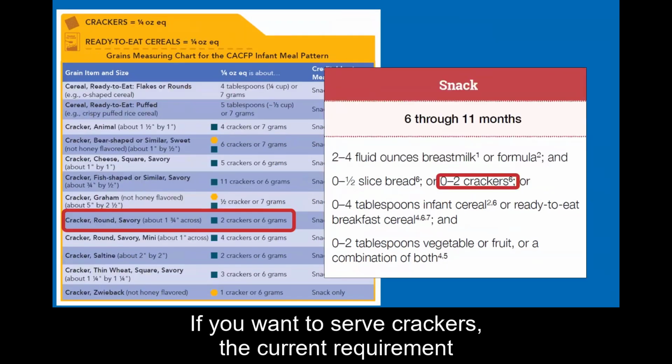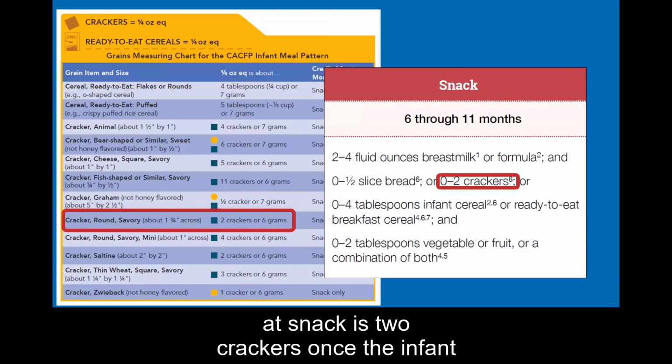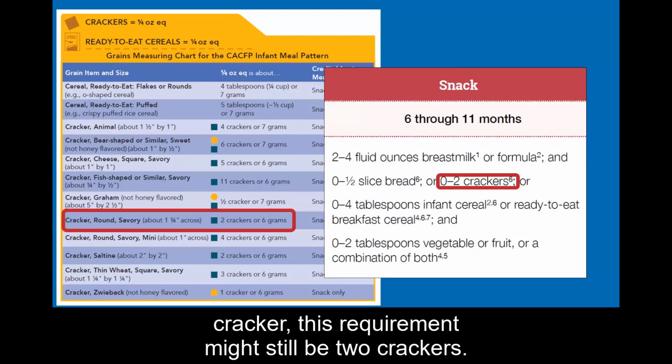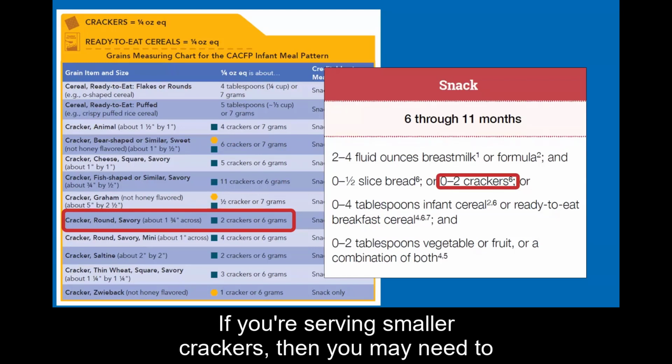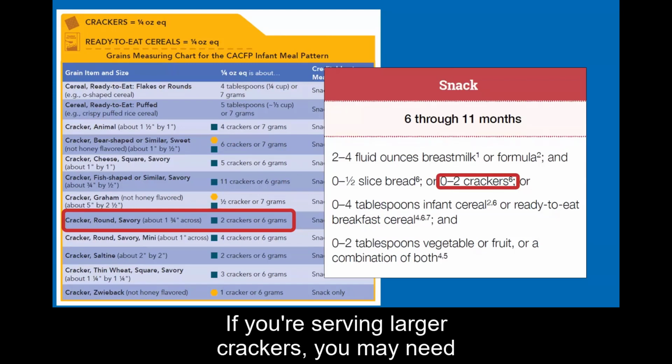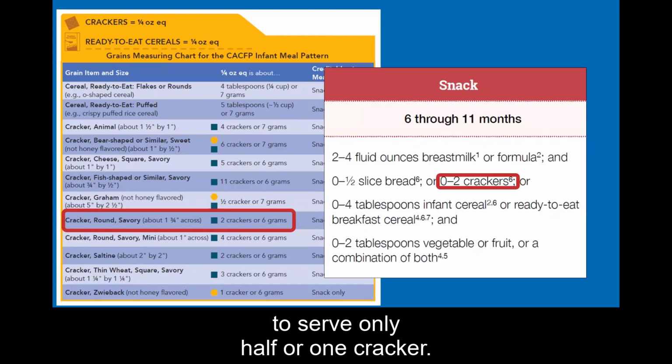If you want to serve crackers, the current requirement at snack is 2 crackers once the infant is regularly eating them. When we use ounce equivalents, depending on the size of the cracker, this requirement might still be 2 crackers. If you're serving smaller crackers, then you may need to serve more than 2 crackers. If you're serving larger crackers, you may need to serve only half or 1 cracker.